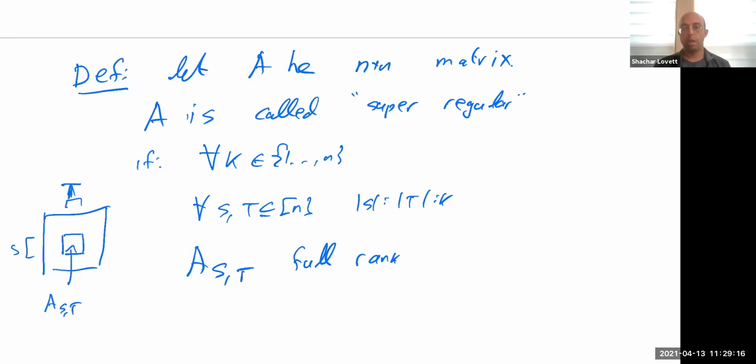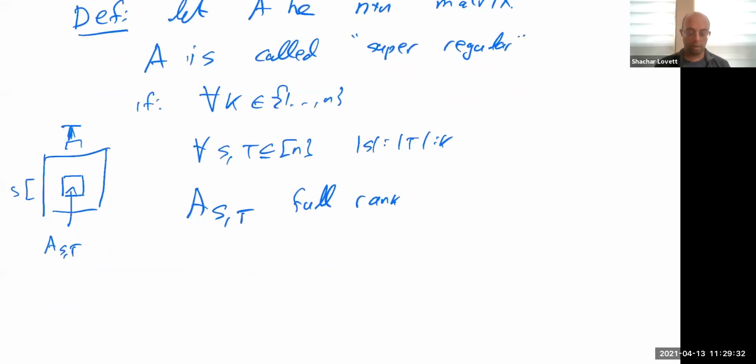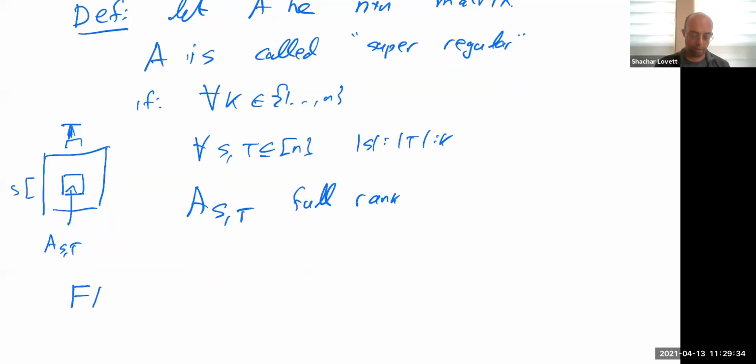So again, a matrix is said to be super regular if all of its submatrices with the same number of rows and columns have as large rank as they could potentially have. If it's a k by k submatrix, they have rank k. And here's another fact: the FFT matrix is super regular.